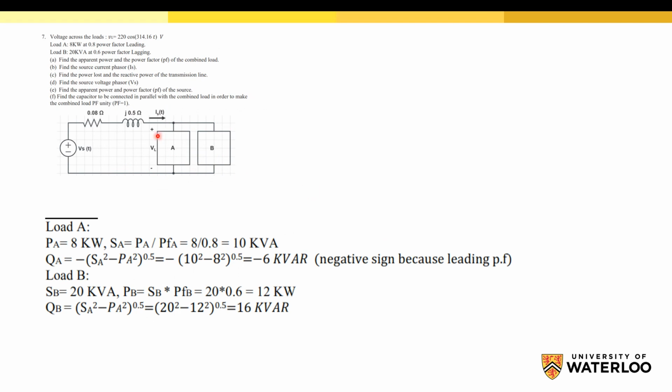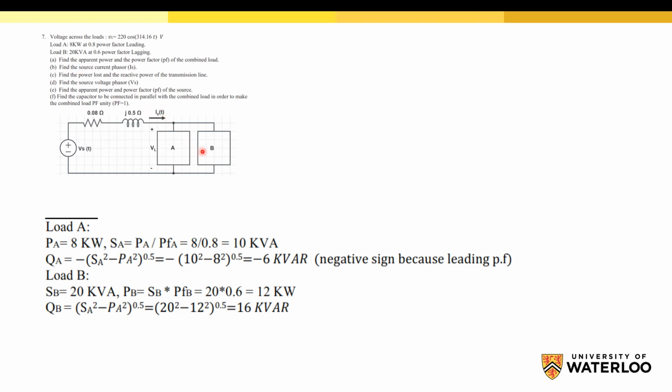So first, we need to define the complex power of each load. So we need to calculate the value of S for load A and the value of S for load B. For load A, we have P and the power factor. So we can calculate S, which is P over the power factor. And we have the power factor, so we can calculate the angle, or we can calculate the reactive power from the triangle.